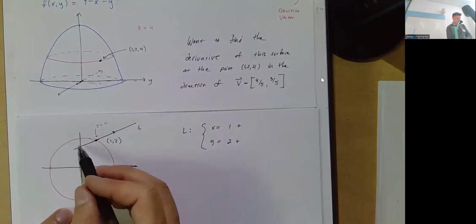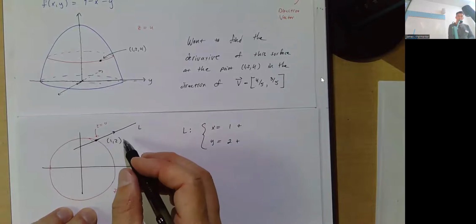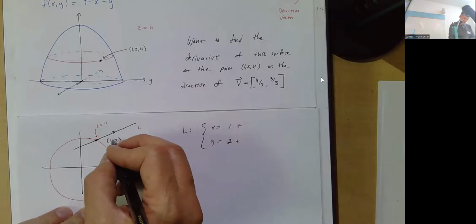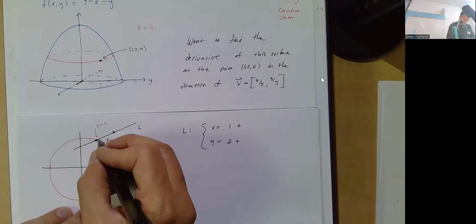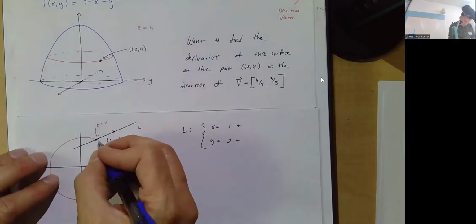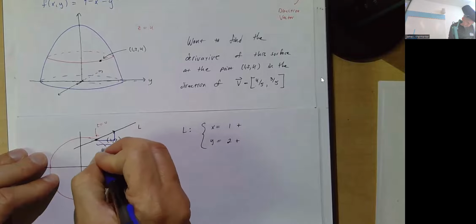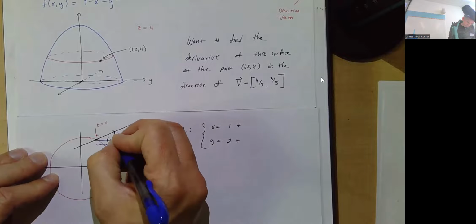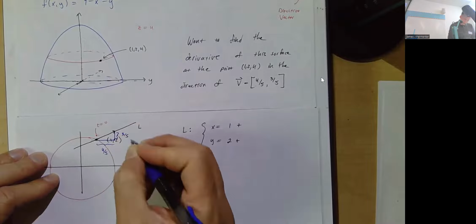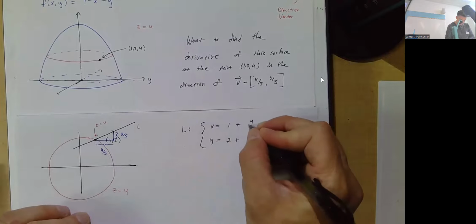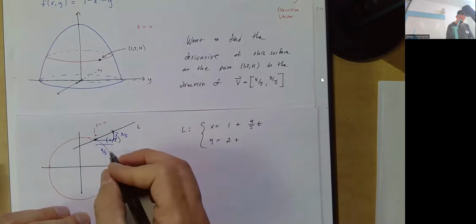But I'm going in the direction of the vector 4/5, 3/5, and of course I drew this and put this in the exact wrong spot. Sorry. I'm going over 4/5 and up 3/5. Well, every time I increase t by 1, I'm going to increase x by 4/5. So I'm going to get 4/5 times t. I'm going to increase y by 3/5.